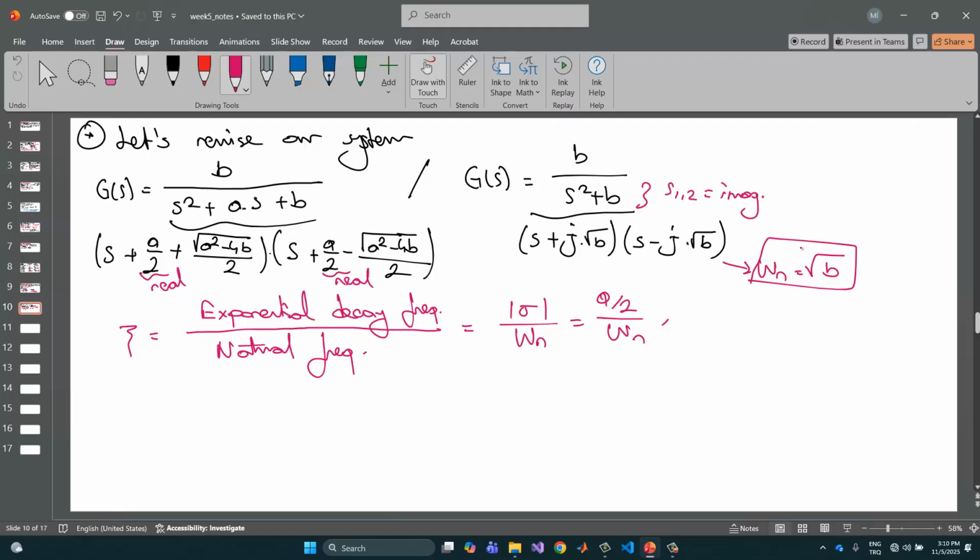This is the oscillation frequency, the square root of b. For this case, this is just a kind of sine, right? And so maybe this is the A, and A times sine of square root b times t. This is the frequency. Okay?